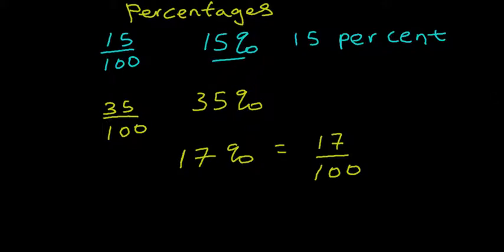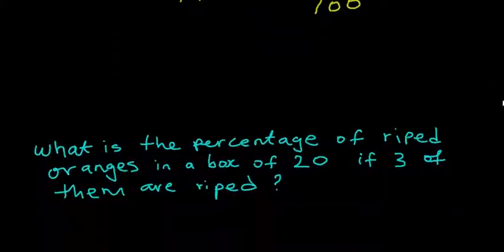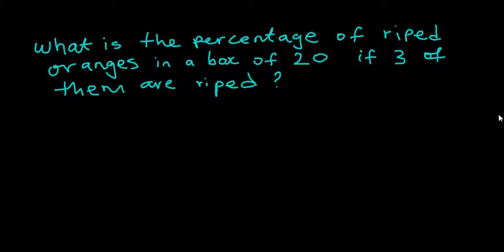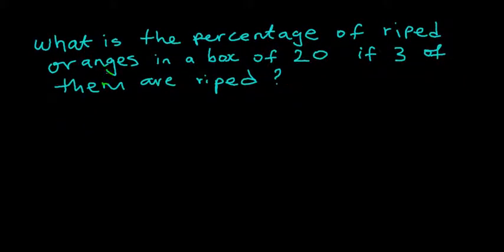Alright, let's try a question. What is the percentage of ripe oranges in a box of 20 if 3 of them are ripe? We said 3 out of 20 oranges in a box are ripe.